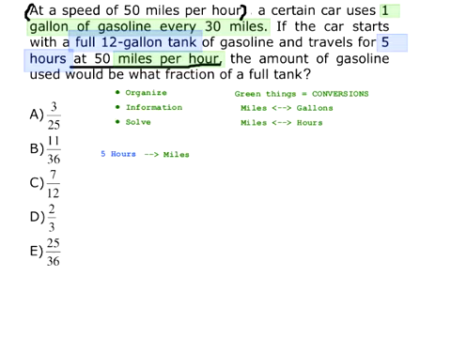You can go from miles to gallons. And then once you have this, finally, the amount of gasoline used, then you can divide this by the amount that represents a full tank.